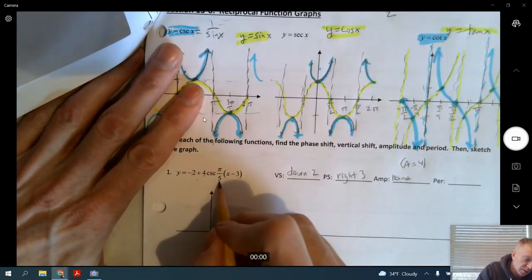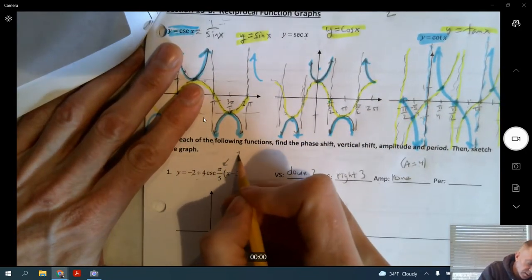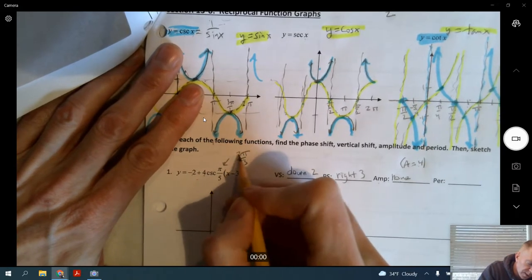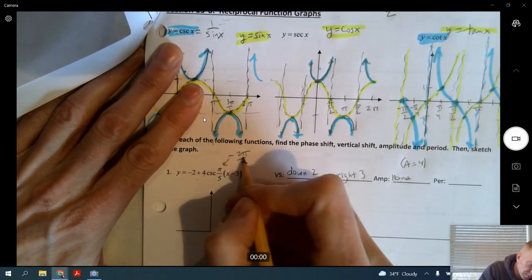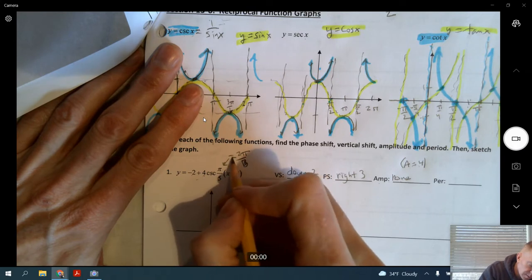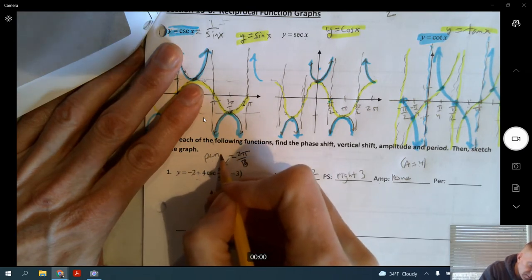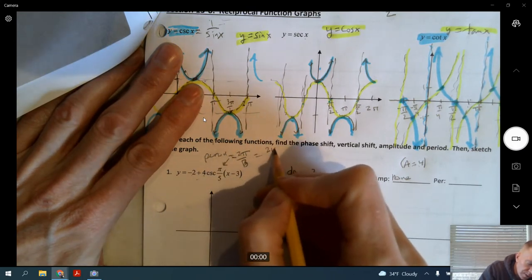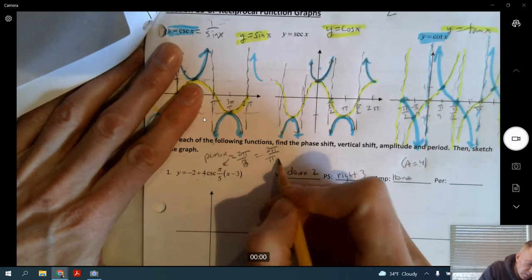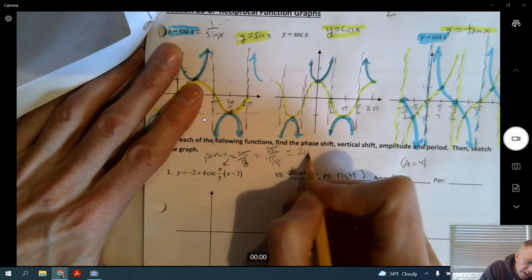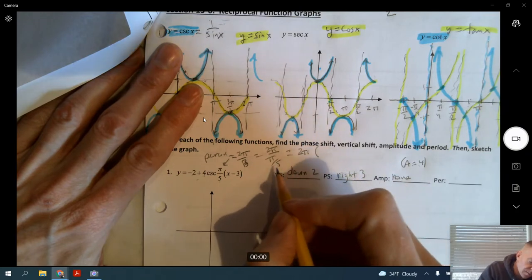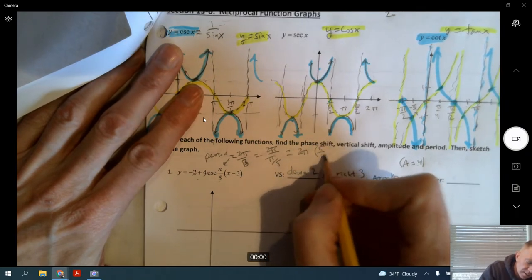The period is going to be 2 pi over B. So that's 2 pi divided by pi over 5, or 2 pi times 5 over pi.